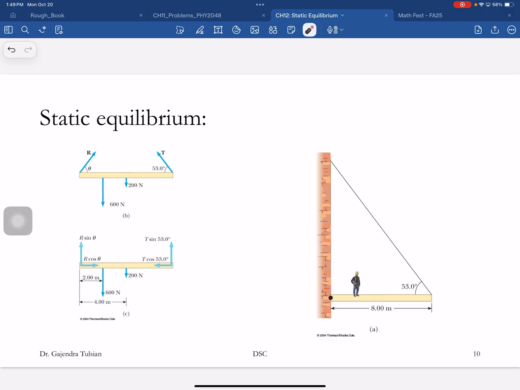And this tension is pushing this scaffold against the wall, and the wall is pushing back on the scaffold. There's the reaction force of the wall. Okay. So those are the 4 forces acting on the scaffold. And what is it that we want? We want the sum of these forces to be 0, and the torques of these forces to be 0.